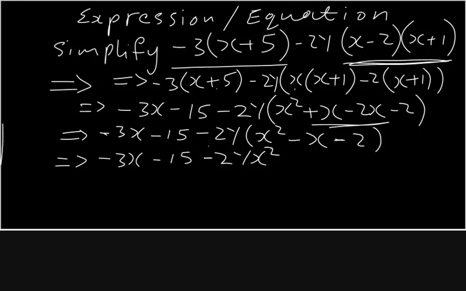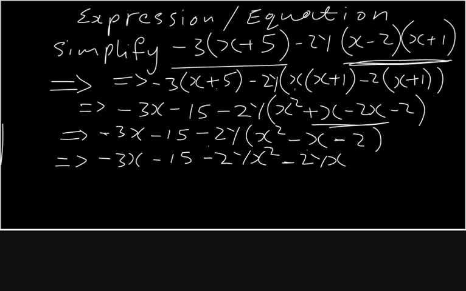And I will do minus 2y times x. It's going to give me, should be plus now, minus times minus. Minus 2y times minus x is going to be plus 2y x. See it? Plus 2y x.